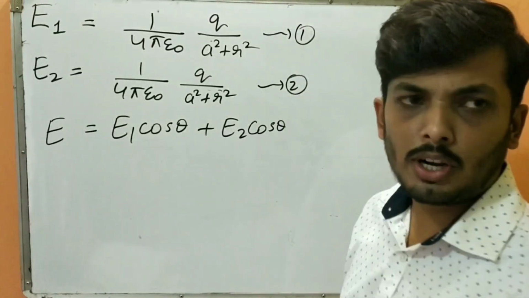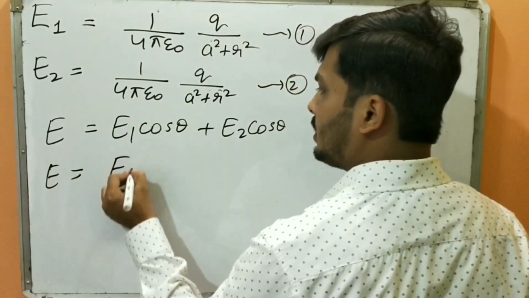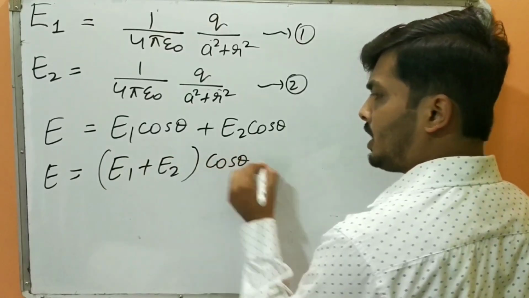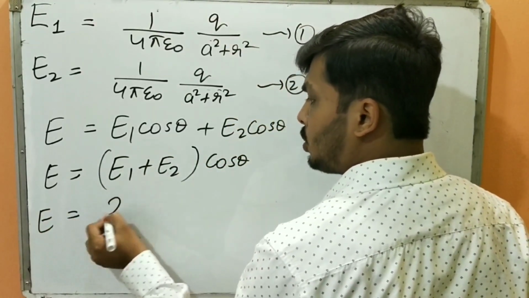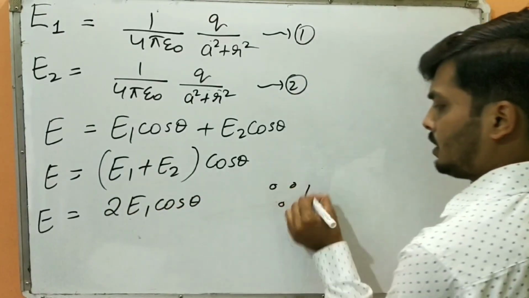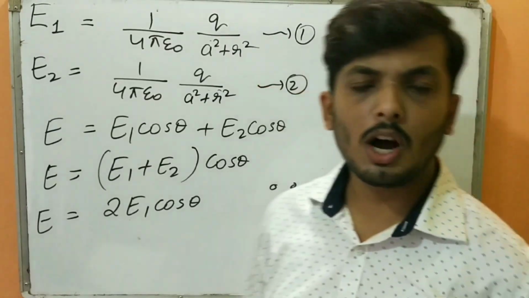Now why? Because the vertical components cancel out each other. So E will be equal to, shall I take common, E1 plus E2 into bracket cos theta. Will it be better to write E equals 2 times E1 cos theta? Because here E1 is equal to E2. Look at equation 1 and 2, are they both same?